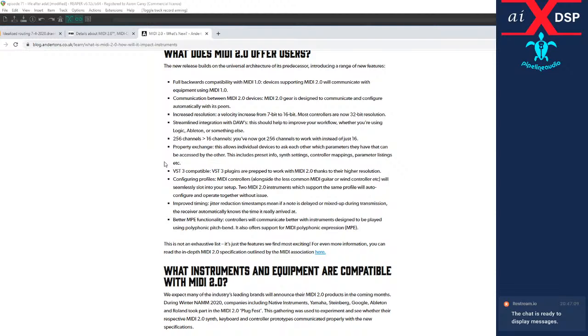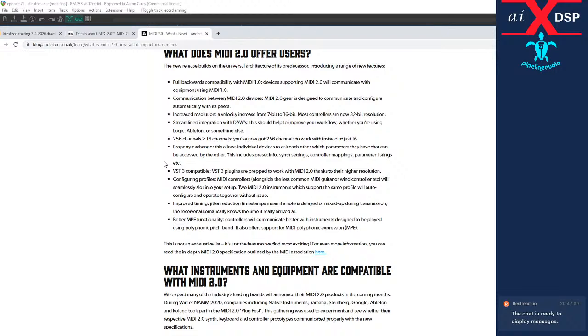I think it's bidirectional now. So it's increased resolution, velocity increased from 7-bit to 16 bits, even though most controllers are now 32-bit resolution. I guess this would have been good in the late 90s, but maybe that's enough. I'm sure it's way better than 7 bits anyway.